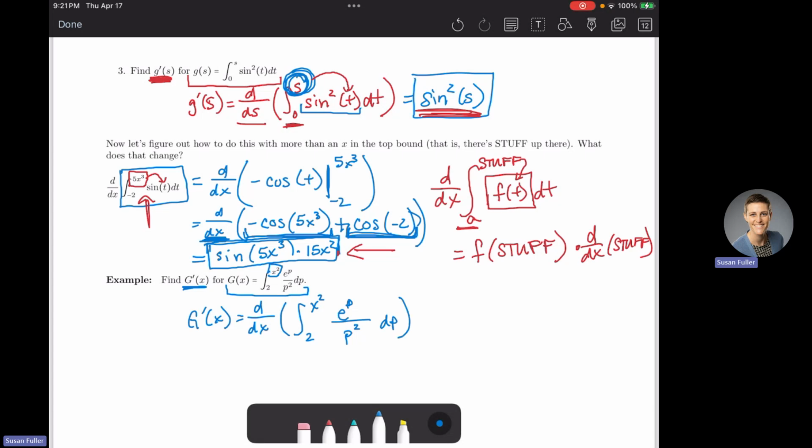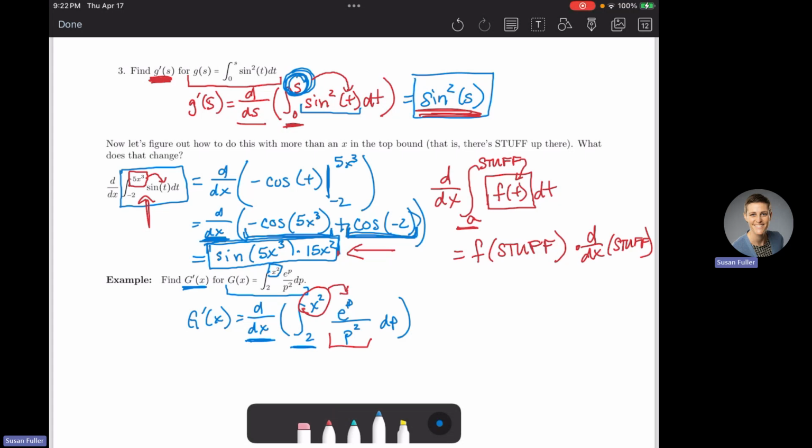This looks really scary, and I couldn't integrate this. We don't have the tools that we need to integrate that. But the good news here is that we don't have to integrate because I'm taking the derivative of an integral. We know that the derivative and the integral are going to cancel out, and I'm going to get back to this function, but with this plugged in.